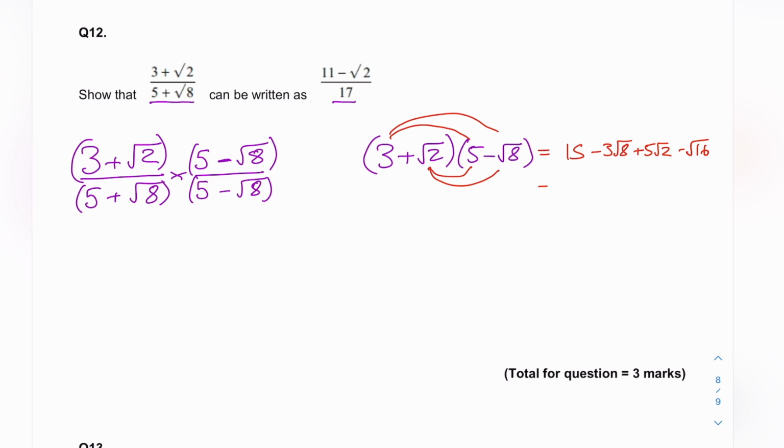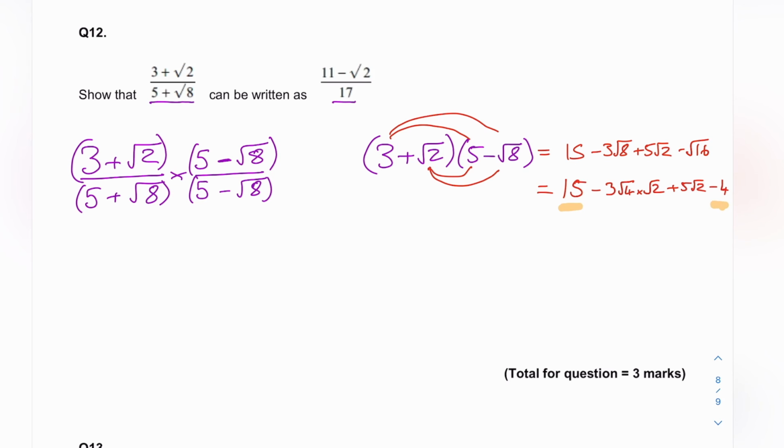We can then simplify our terms. So we've got 15, subtract. We can simplify our root 8, and that becomes root 4 times root 2 by picking out a square number, which is a factor. We've then got plus 5 root 2, and then we've subtracted root 16. We know root 16 is equal to 4.